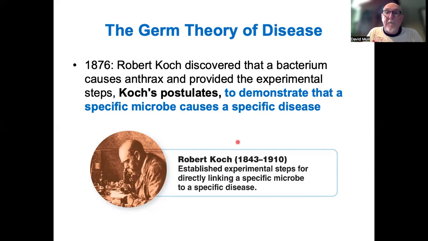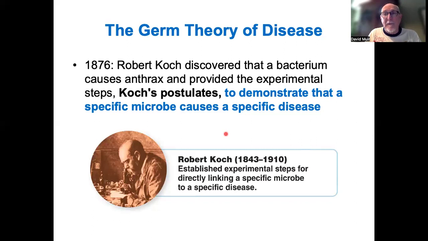This man, Robert Koch, was as famous really as Louis Pasteur, and they were huge rivals. But Koch was a German. Pasteur, of course, was in France. And Koch was very interested in trying to establish an association between specific bacteria and specific disease.